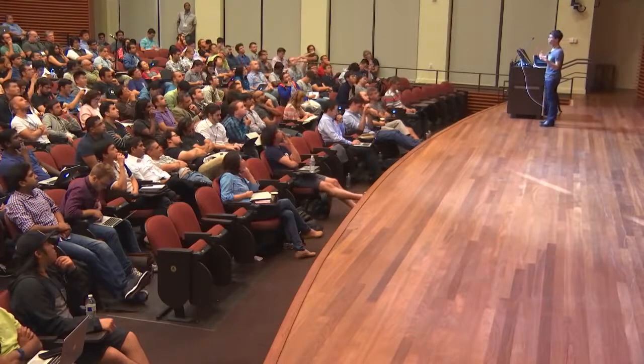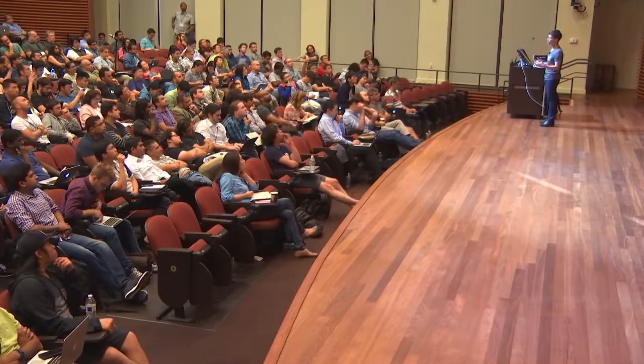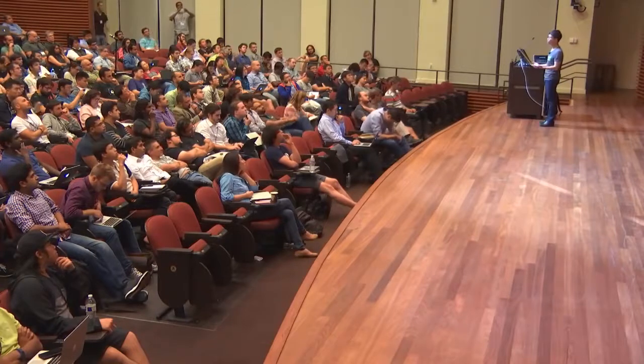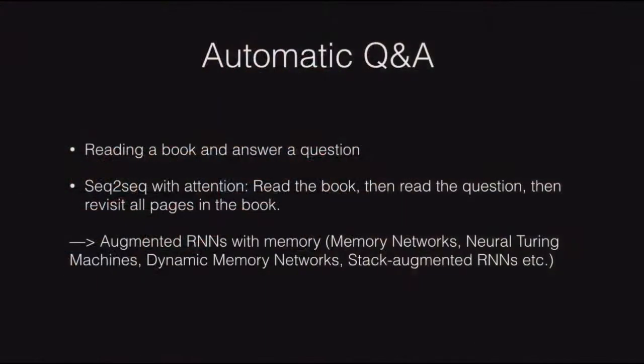There's an active area that is very exciting, which is automatic Q&A. You can think the setup would be, can you read a Wikipedia page and then answer a question? Or can you read a book and answer a question? In theory, you can use sequence to sequence with attention for this task.